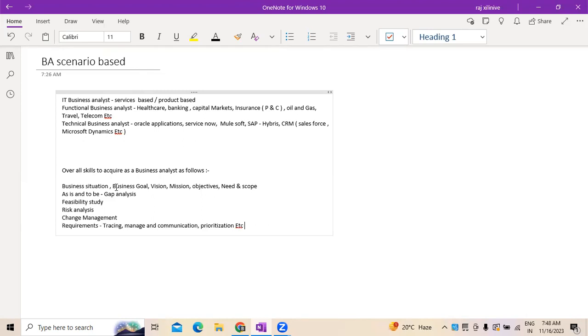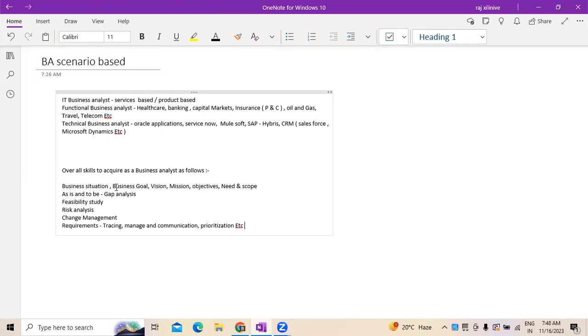Organizations use different tools depending on their interest. But at the end of the day, how to write user stories, prior to that how to create epics, how to maintain the product backlog, that sort of knowledge and expertise is required for a BA.